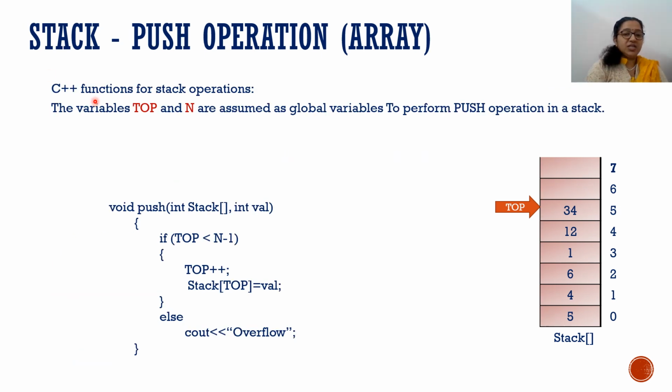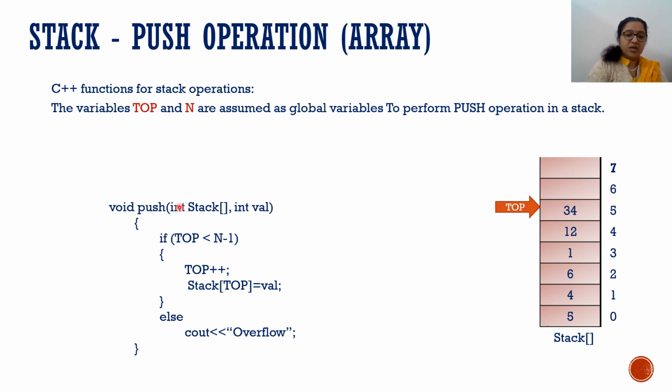Now we can check the C++ function for the push operation. The variables top and n are assumed to be global variables. We already know what is global and local. So top and n are global variables, to perform this push operation. So here see, void push. There is no return type.